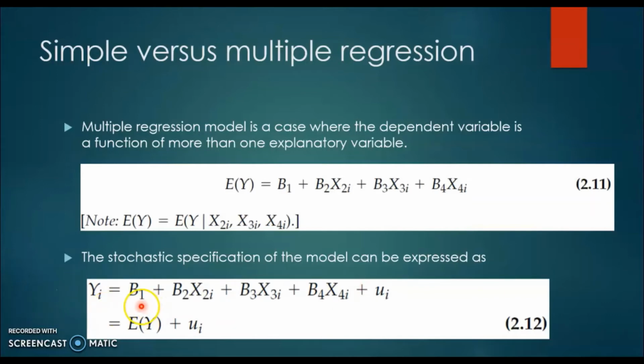The deterministic component in this equation is beta 1 plus beta 2 x2 plus beta 3 x3 plus beta 4 x4. While the second component is the non-systematic or noise component, which refers to the error term here.